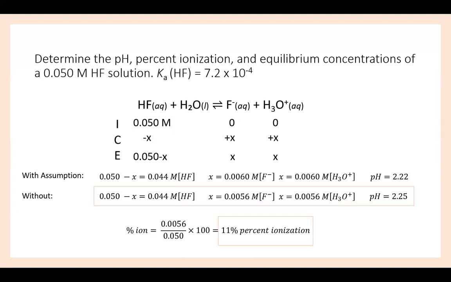That might not seem like a significant difference, but it is more accurate. It turns out that the HF concentration was still the same, 0.044 molar. And the percent ionization is, again, 11%.